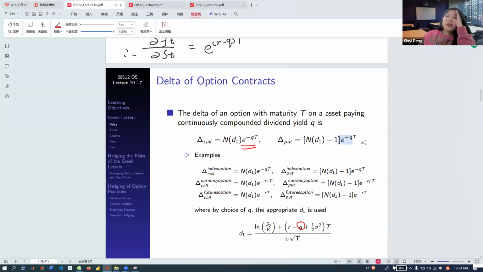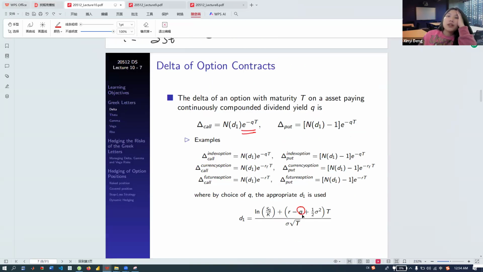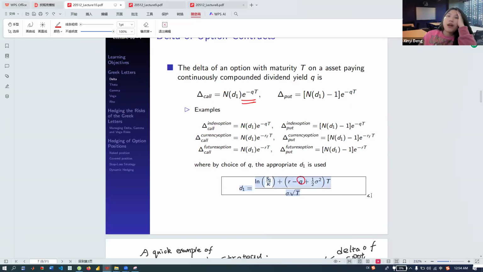Compared to the version without dividend yield, the delta of put, instead of being N(d1) minus 1, is now N(d1) minus 1 times e to the power of minus qT. Also, d1 is changed as well. Recall that we discussed in lecture 9, the d1 is going to be equal to this with an extra q here. We're subtracting an extra q here.